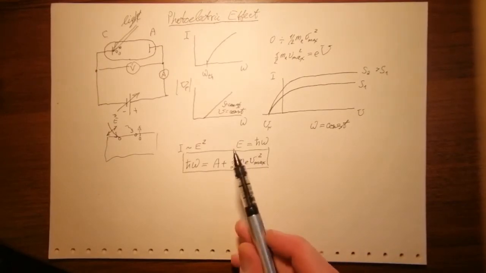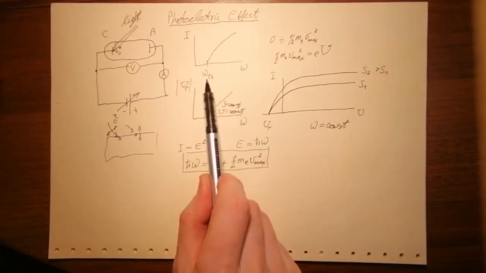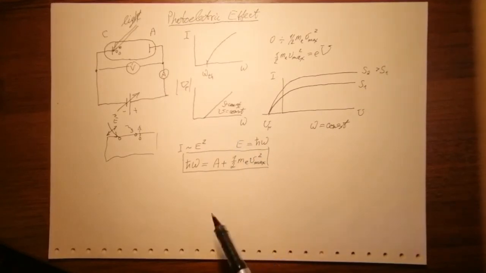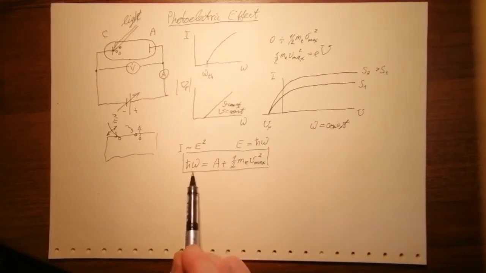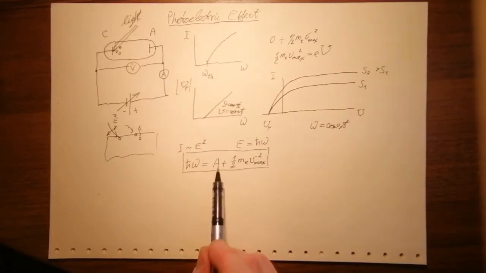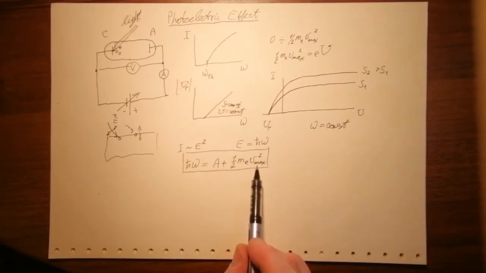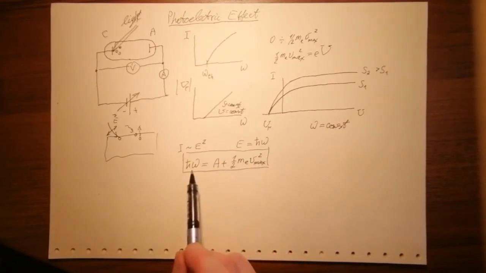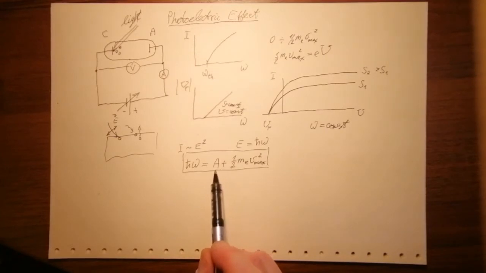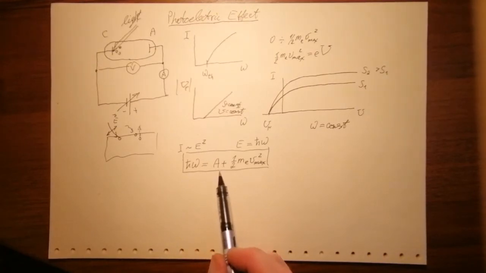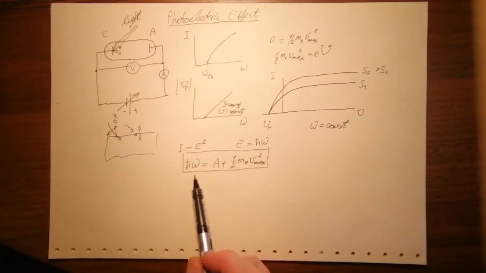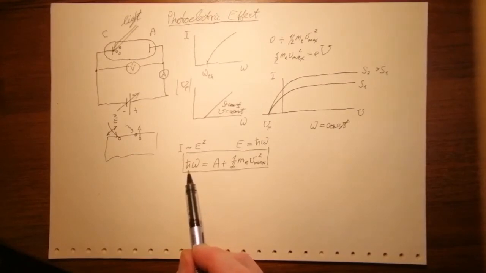Look, for example, if we consider this case with omega threshold, this is the energy which is needed to release the electron, plus to supply some kinetic energy to this electron. But in the case that h omega is smaller than A, the electron cannot be released, and whatever the intensity of light is, which means the number of photons, the number of these h omega.